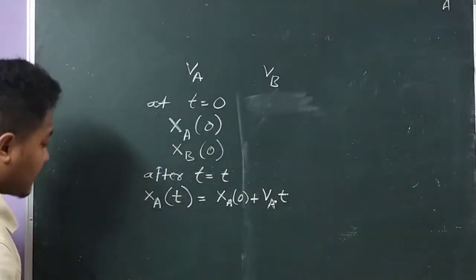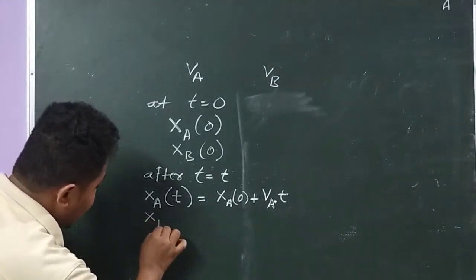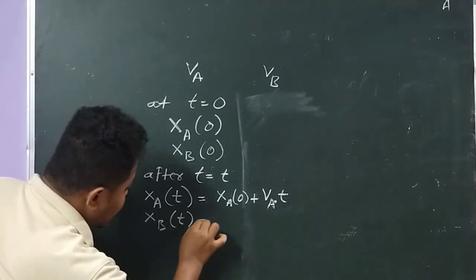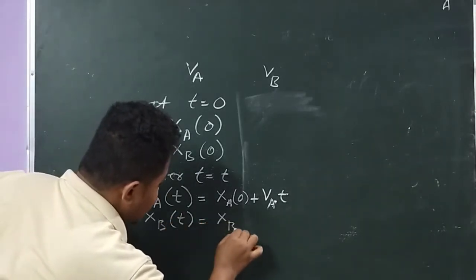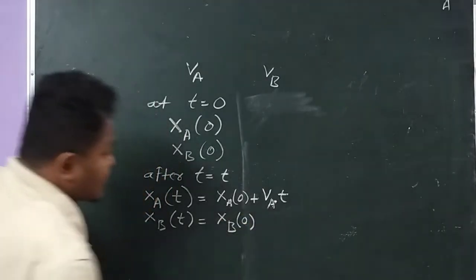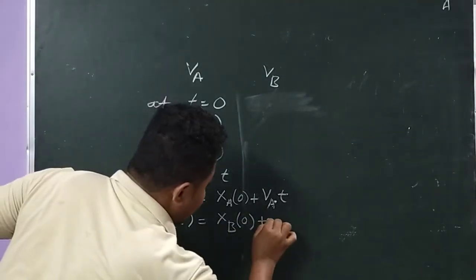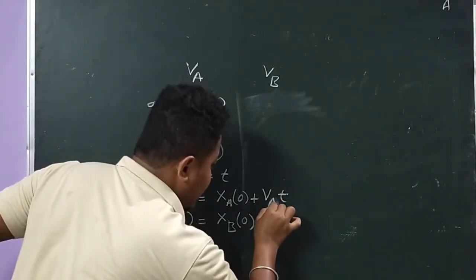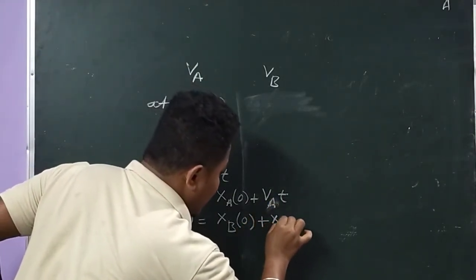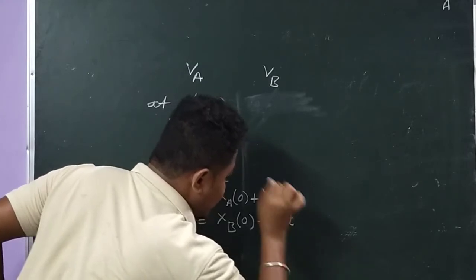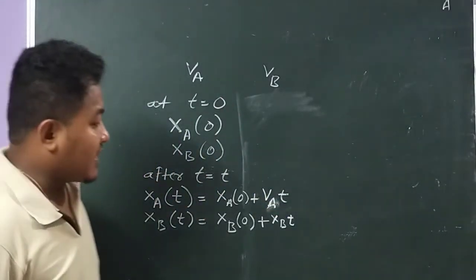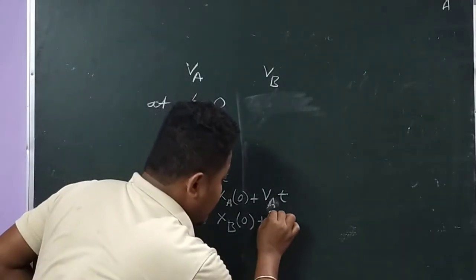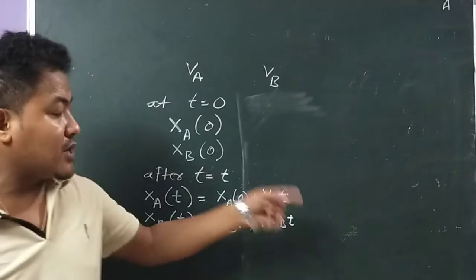Similarly, for body B we can write XBt, the position at t time. This is the initial position plus the total displacement covered in t time, which is VB into t, velocity into time.